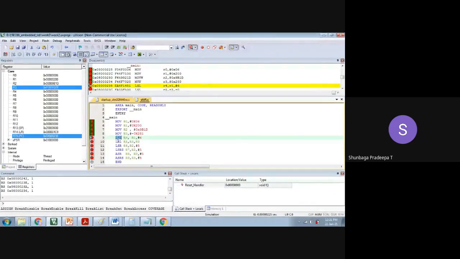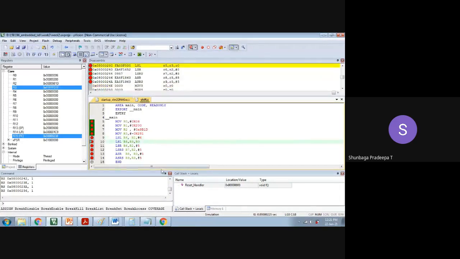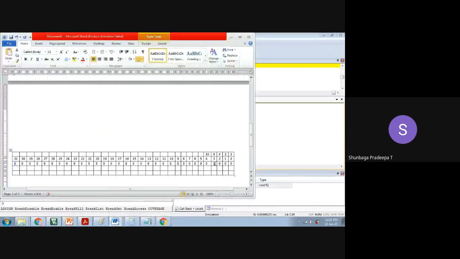So what is the first thing we are doing? LSL is the logical shift left. By how many times are we doing it? The R1 register data you are taking and shifting 6 times. All of you please perform and give me the result, and then we will run and check the result. First load R1 with hex 200, which means 0, 0, 2.